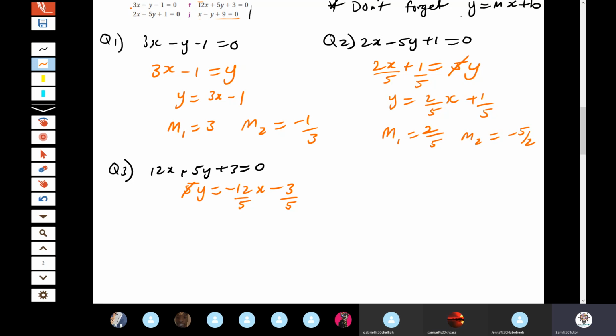So don't try to do it all over 5. Do it individually, like I'm doing. And then, of course, your gradient of this and your gradient of the perpendicular. So m1 is negative 12 over 5, and then positive 5 over 12. Done.